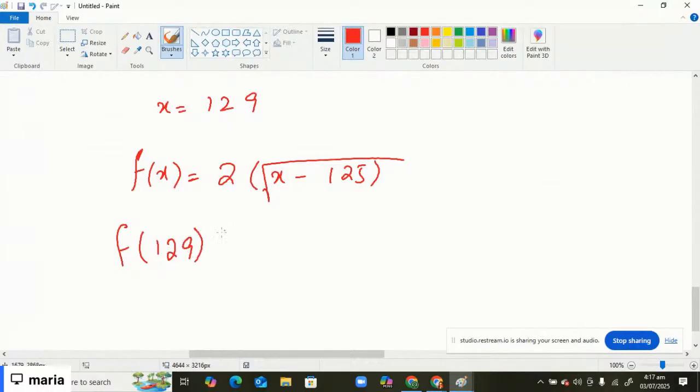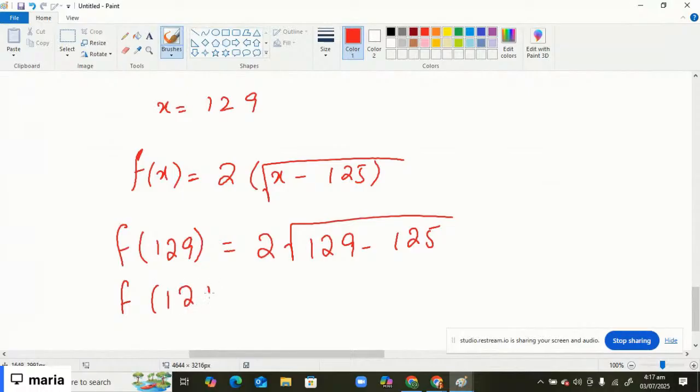Put in place of x is 129, both sides. So f of 129 is equal to 2 into 4.